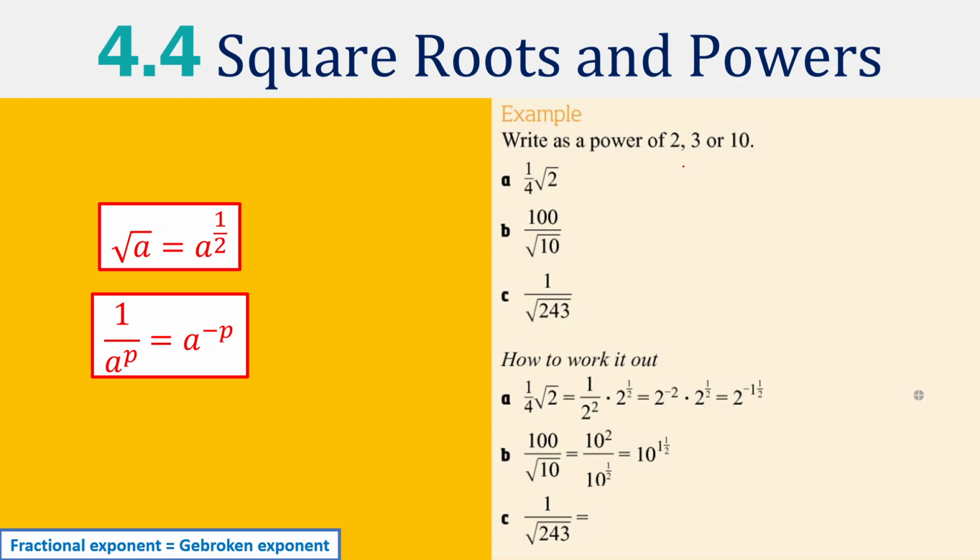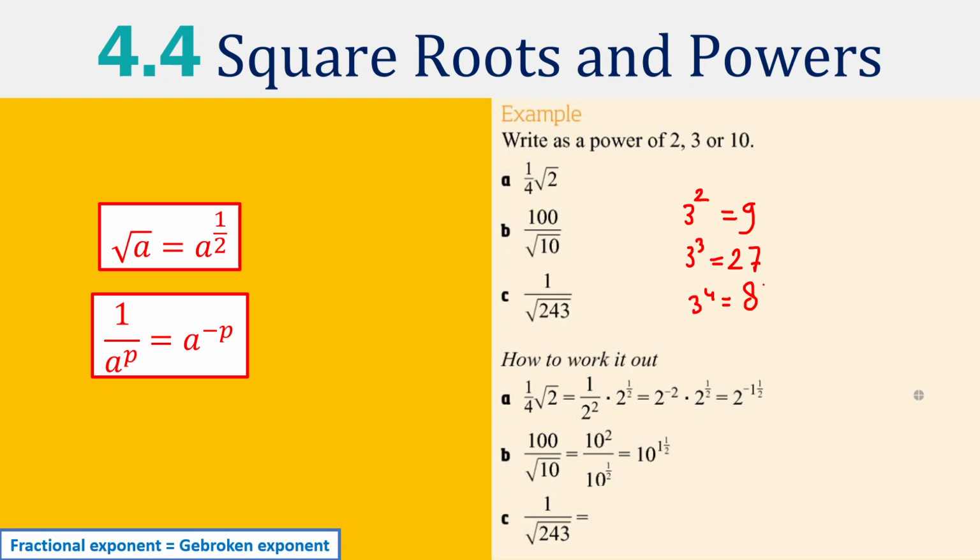Well, I already used the power of 2. I used the power of 10. Maybe this has to be the power of 3, right? It's not always the case. Here it is. And we have to take a look at this weird root here. I think this can be rewritten as 3 to the power of something. Which power? 3 to the power of 2 is 9. 3 to the power of 3 is 27. 3 to the power of 4 is this times 3.